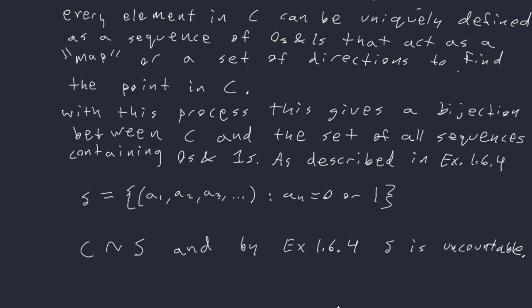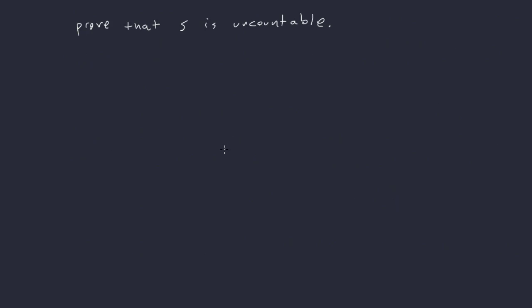Since we didn't get to go through it with a homework, let me show briefly how you would prove that S is uncountable. You would suppose, to the contrary, that S is countable.